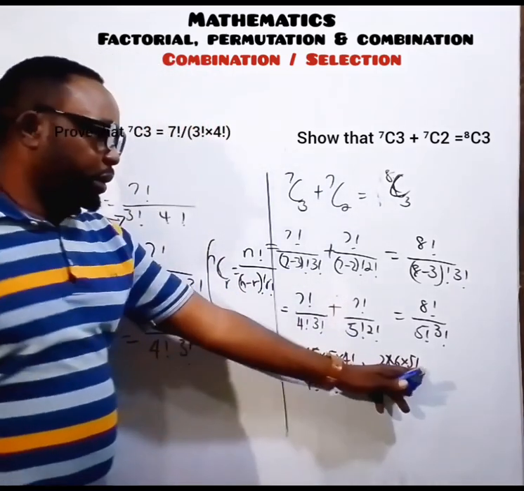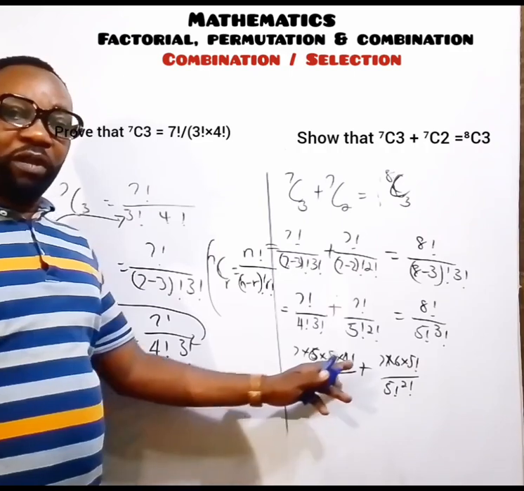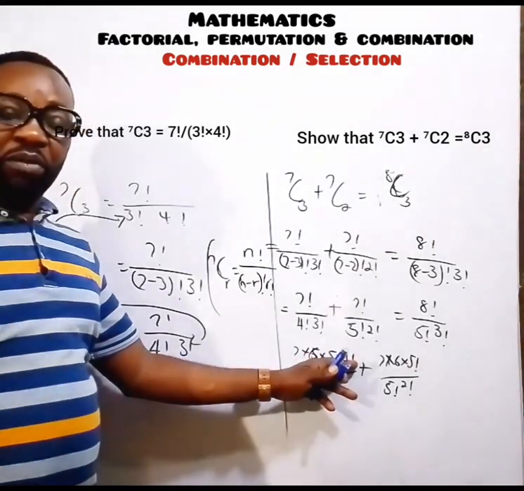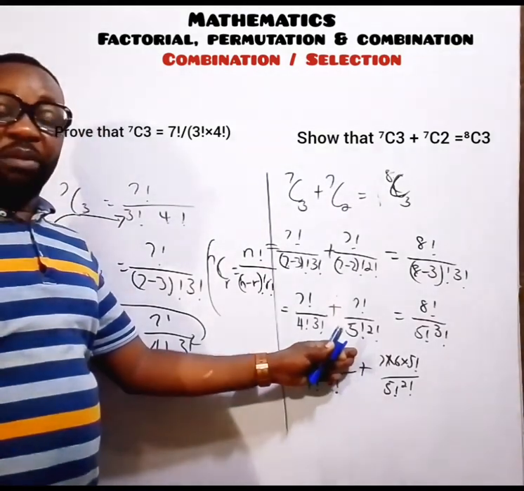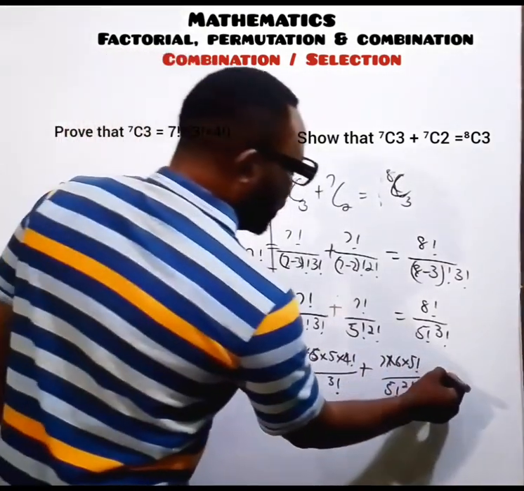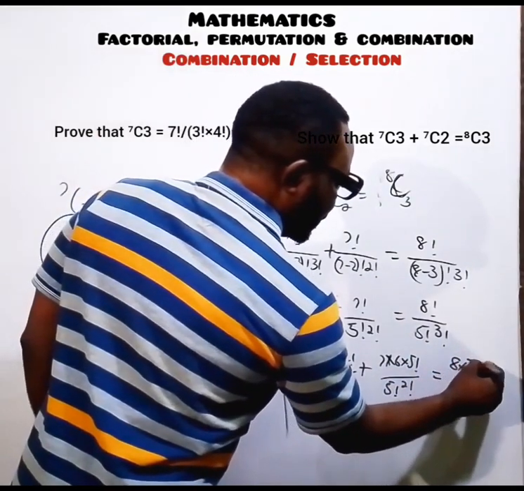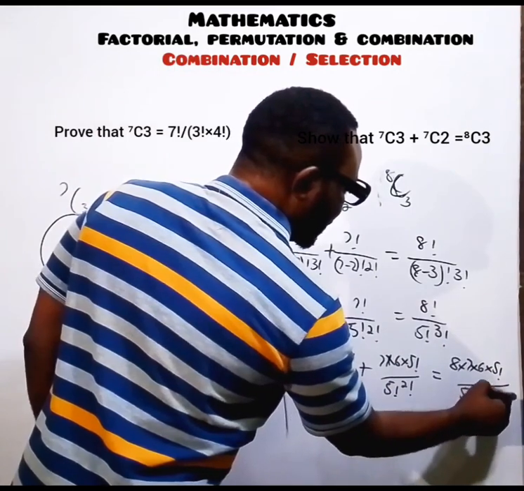Why do I stop here? It's because I have a value at the denominator that is equivalent to the value where I stop, so that they can cut one another. This is equal to 8 times 7 times 6 times 5 factorial all over 5 factorial 3 factorial.